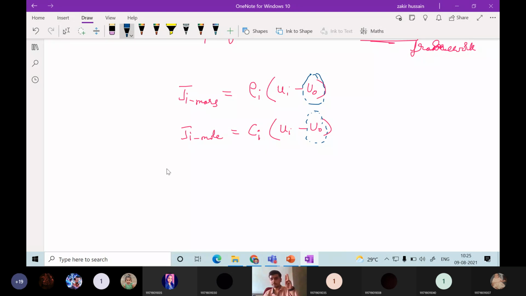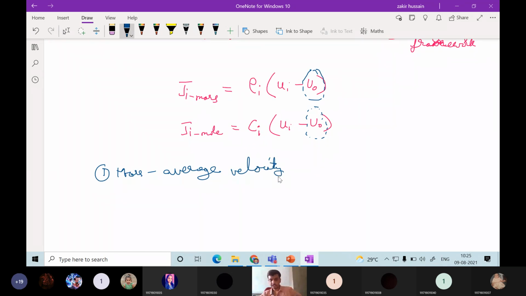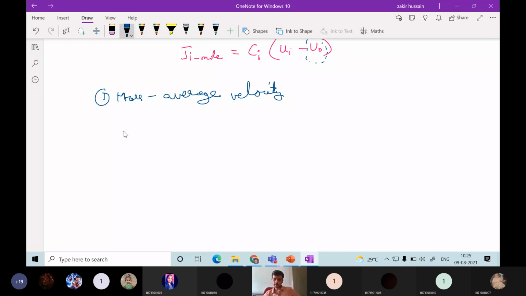There are three types of average velocities defined. One is the mass average velocity, used when quantities are defined with respect to mass. That is u naught, and I am writing u naught mass to denote mass average velocity.